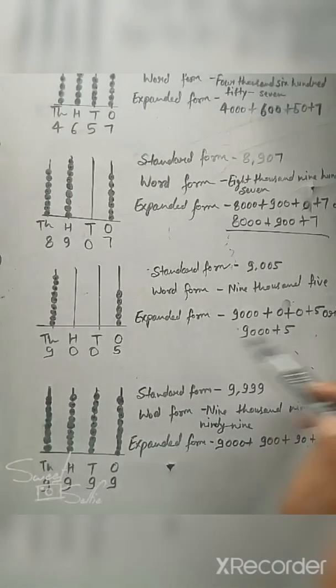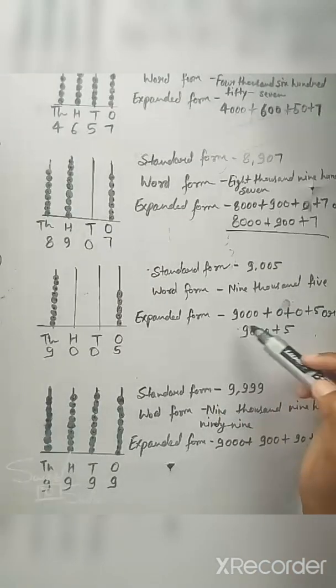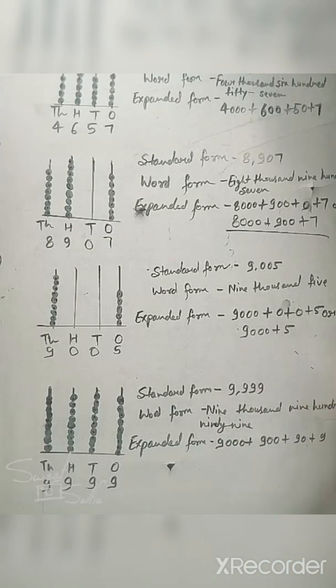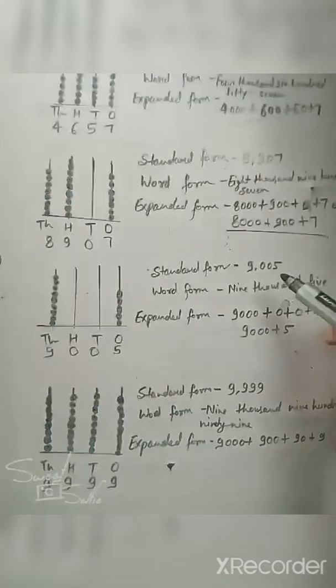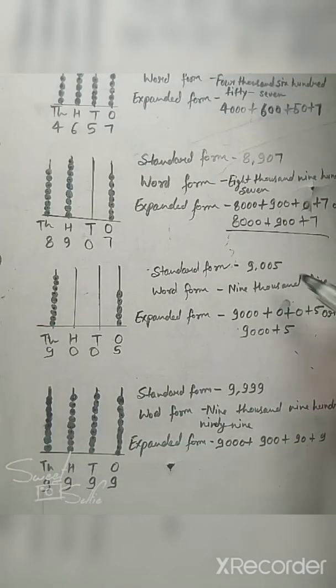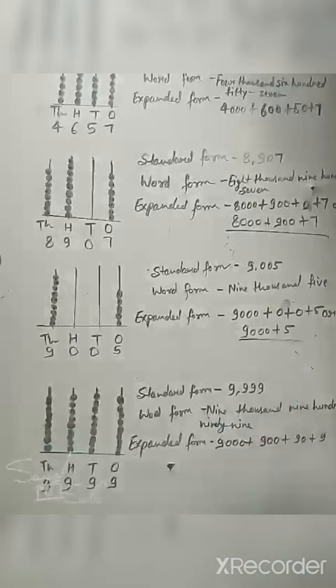Okay, and in expanded form 9000 plus 0 at 100 place, so when we multiply we get 0. Again at tens place 0, so again 0, and plus 5. Okay, and we can write it directly 9000 plus 5.